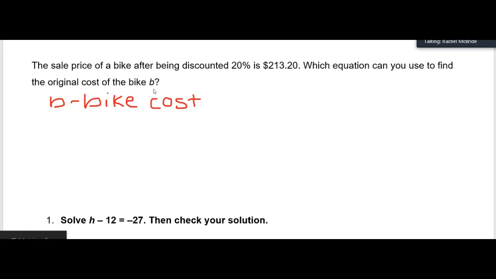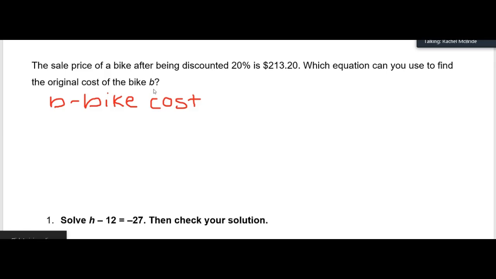So if something costs $300 and I get a 20% discount, then how much am I actually paying for the item? If it's a 20% discount, what percent of the item am I actually paying for then? Am I paying 100% of the total cost of the item? Yeah. I'm paying 80% of the initial cost.